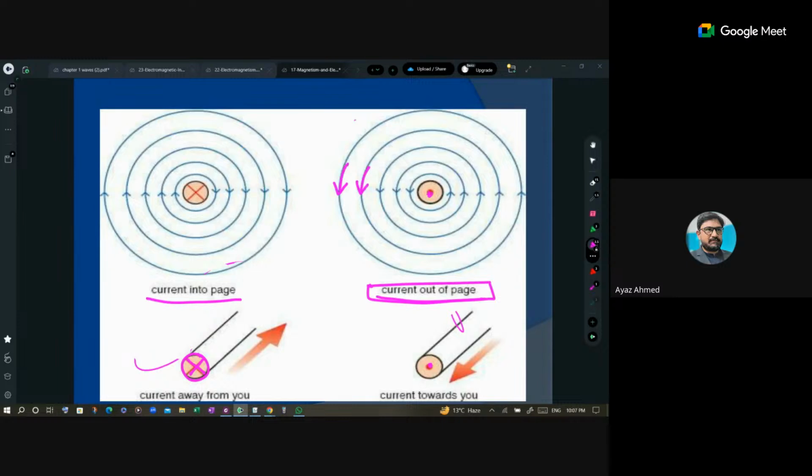Ariba, will you try this with your hand? Do you see your screen? Yeah. So if I tell you that here the current is coming out of the page, out of the screen, can you point your thumb towards your eyes?